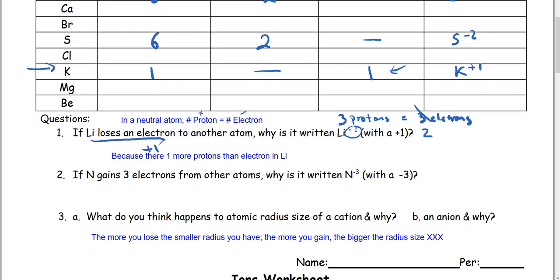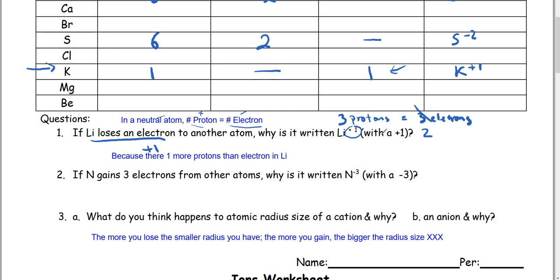If Li loses an electron to another atom, why is it written as Li plus 1? So as you know, in a neutral atom, the number of protons will be equal to the number of electrons. Because of this, they are balanced. But if you have either more protons than electrons or more electrons than protons, you will have an ion.